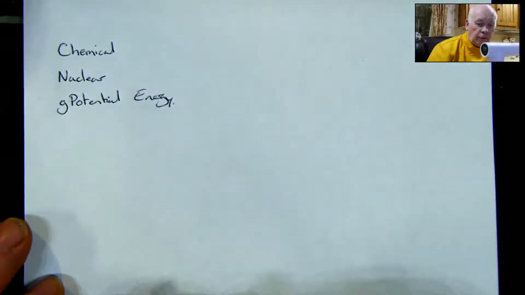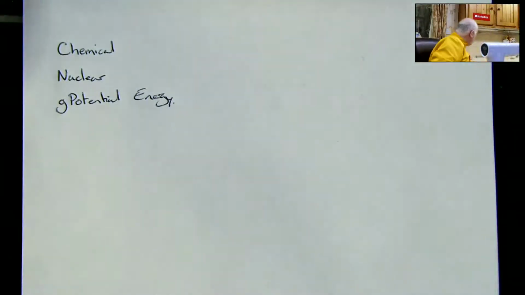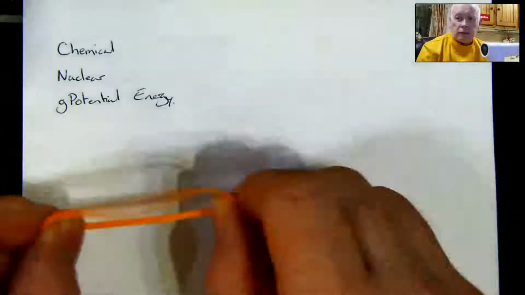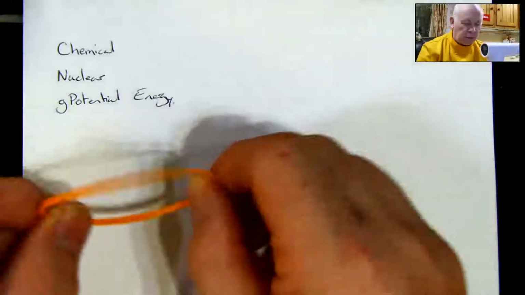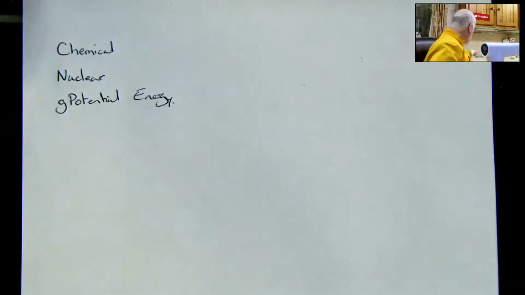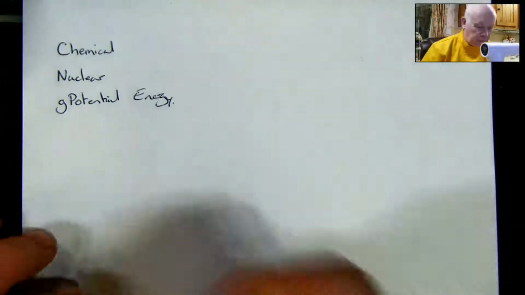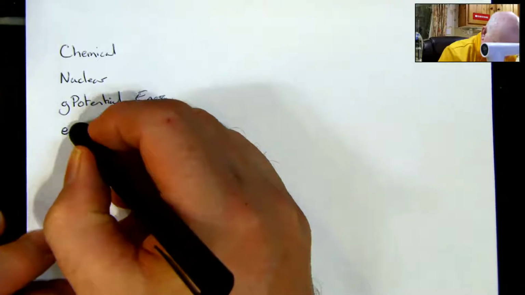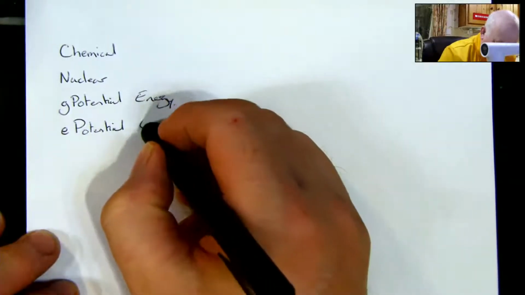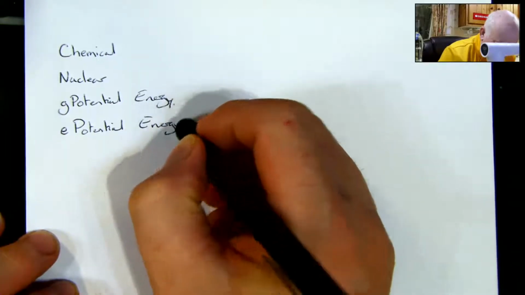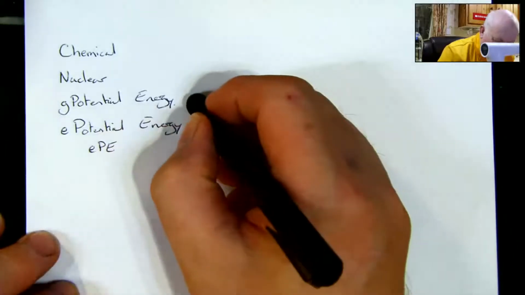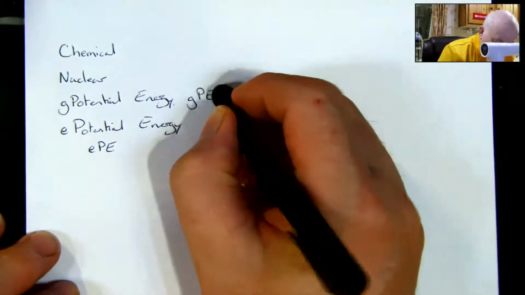And if we've got that one, then we can also use another one, which is elastic potential energy. We can store energy up in a spring, or in that case, a rubber band. So we'll call that elastic potential energy, which can just be done as EPE, just as the other one here can be done as GPE.